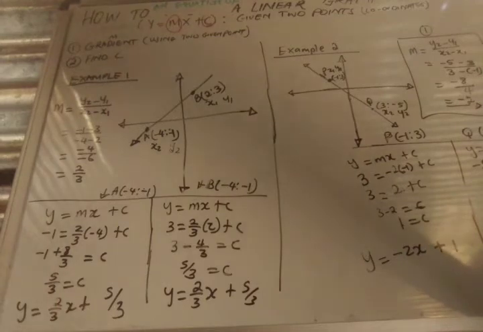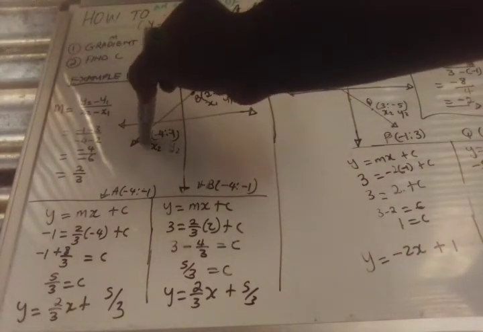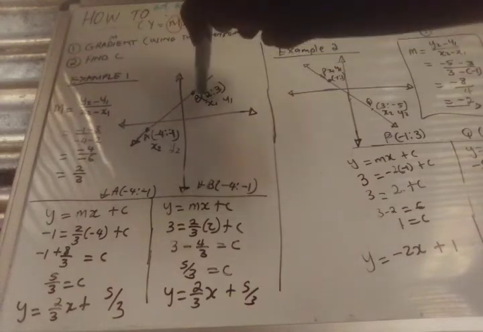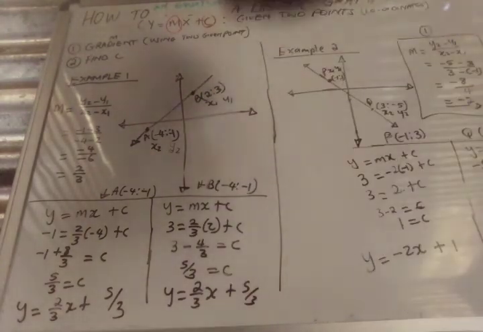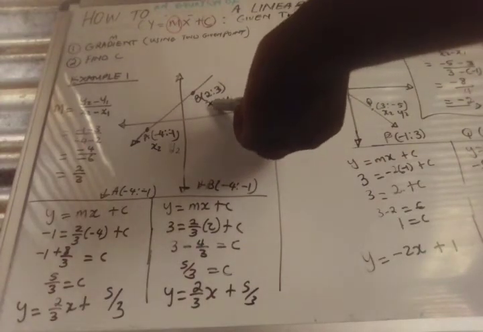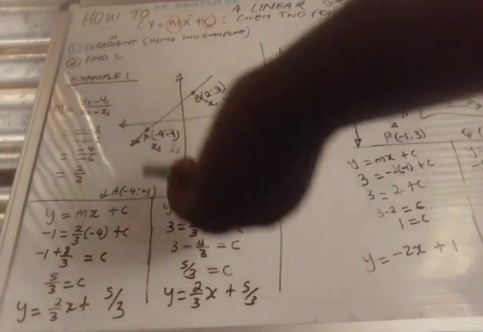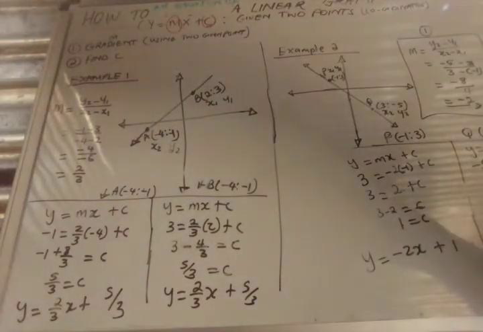We are given the coordinates of A and the coordinates of B. If you start from B, then the x value of B is x1 and the y value is y1, and the x value of A is x2 and the y value will be y2. So you can do it in any order.